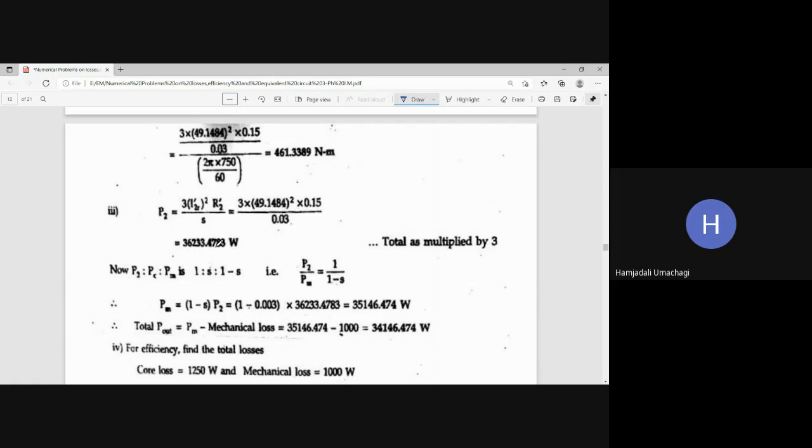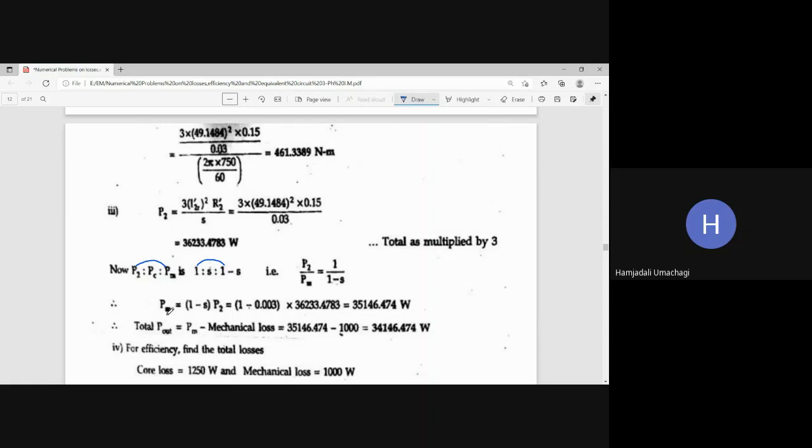Now using the formula P2 : PC : PM as 1 : S : 1 minus S, if I take the ratio of P2 by PM, that is rotor input to the gross mechanical power, it will be 1 upon 1 minus S. From this, by cross multiplication, the gross mechanical power PM is equal to P2 into 1 minus S, where S is the slip, 0.03, and P2, the rotor input, is 36,233.4783.